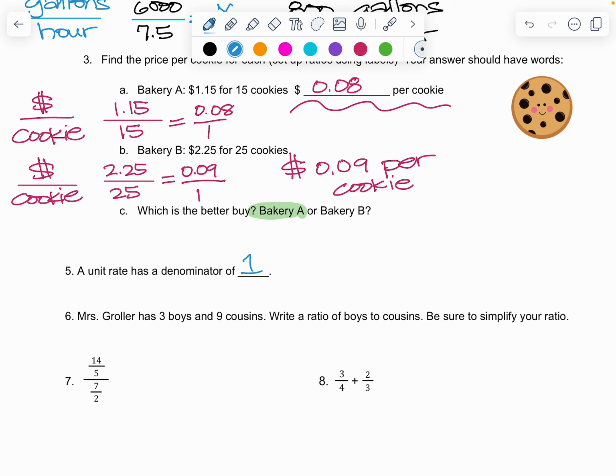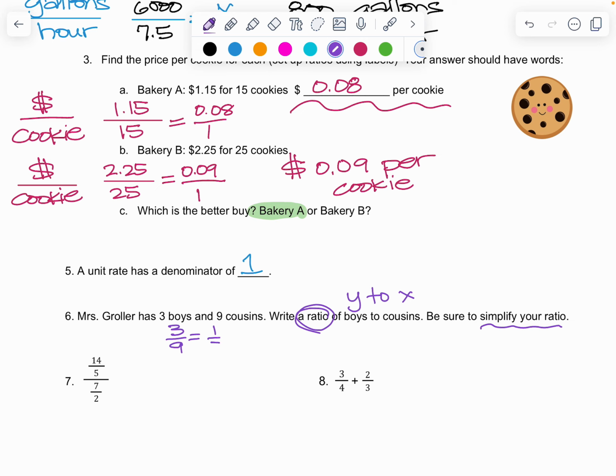Let's look at number 6. Ms. Groller has 3 boys and 9 cousins. Write a ratio of boys to cousins. So we usually write it Y to X. And they said the word ratio. Ratio is a fancy word for like a fraction, right? There's actually 3 ways to write it. So I'm going to do the Y over the X, 3 over 9. And then it says be sure to simplify your ratio.